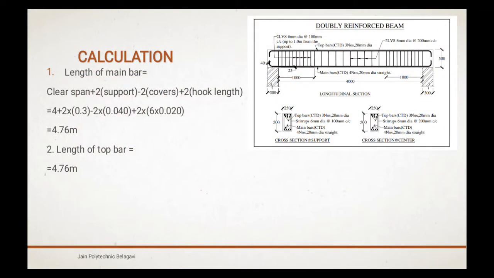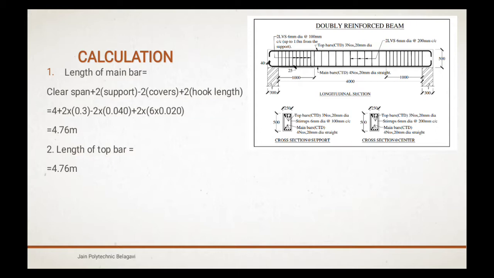So let us know about the calculation. First, length of main bar. Length of main bar is clear span plus 2 into support minus 2 into cover plus 2 into hook length. Our clear span is 4 meter plus 2 into support, minus 2 into cover, plus 2 into hook length.